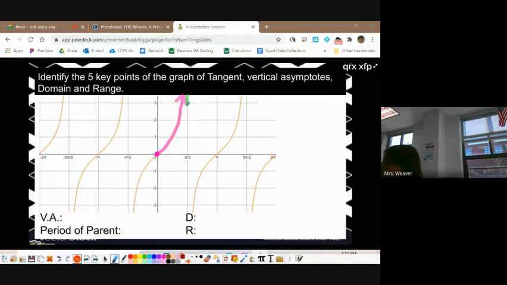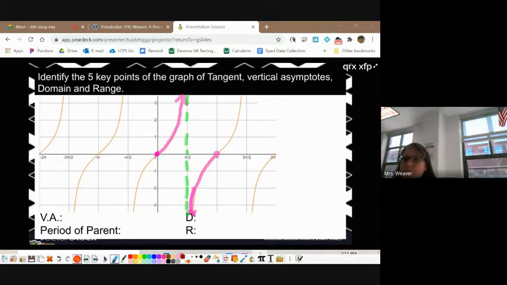Like you don't see them on a graph because they're not part of the graph, but we like to draw them in so we can tell what's going on there. So that upward swing of tangent is approaching that asymptote vertically. And then we have this section of tangent coming from the other side of the asymptote back up to the midline. Okay. And that's one full cycle of tangent.